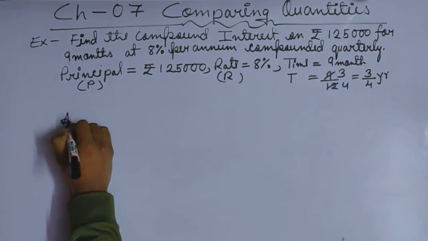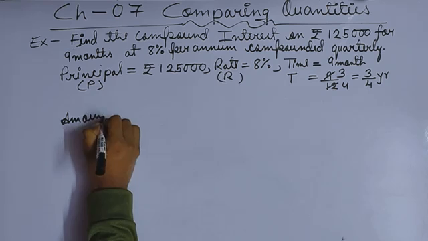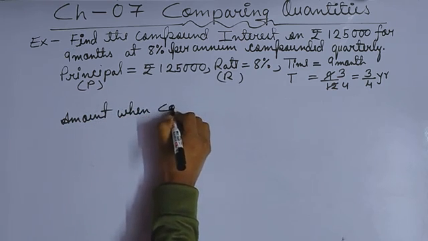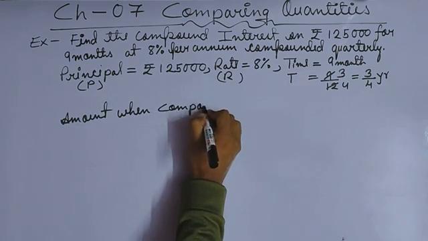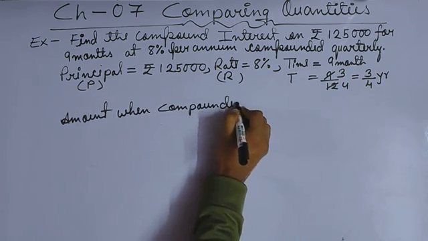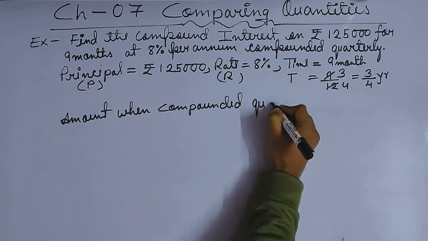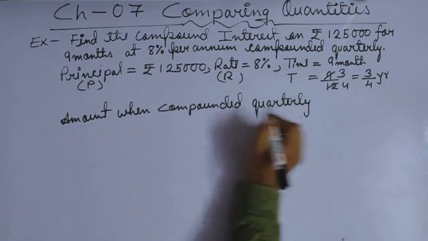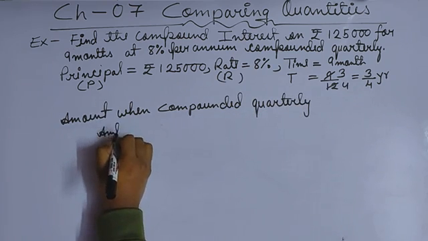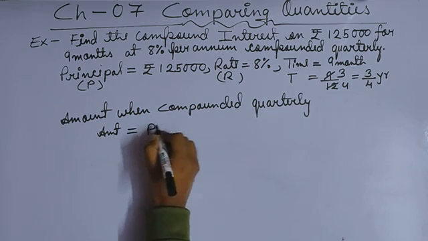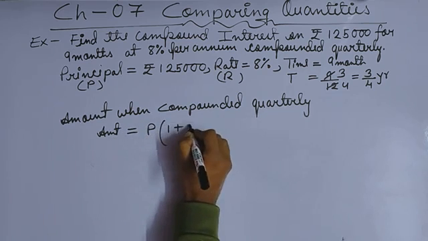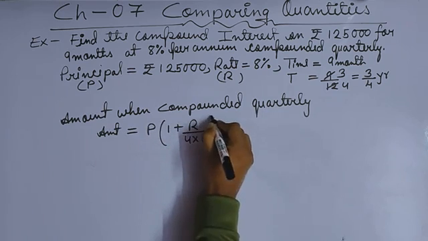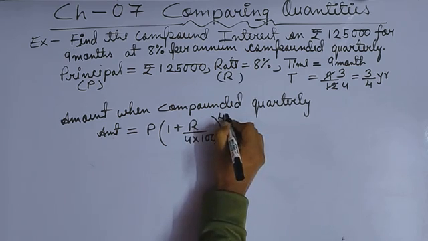Now we know the amount when compounded quarterly equals P times (1 plus R upon 4 multiplied by 100) to the power 4T.